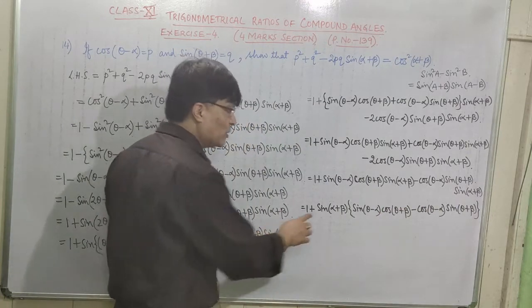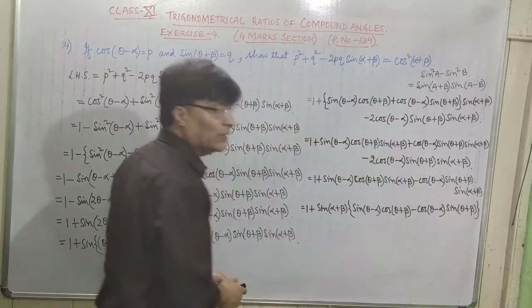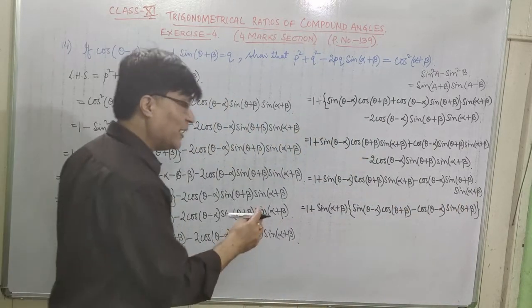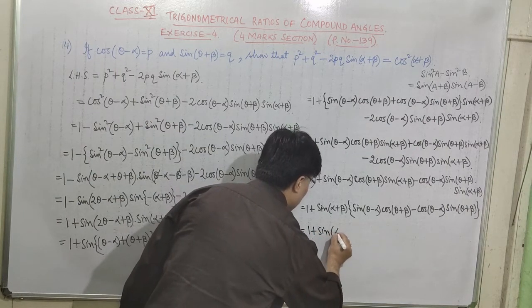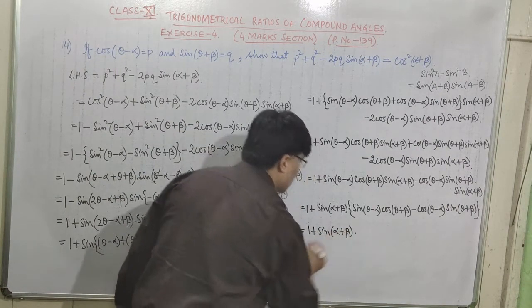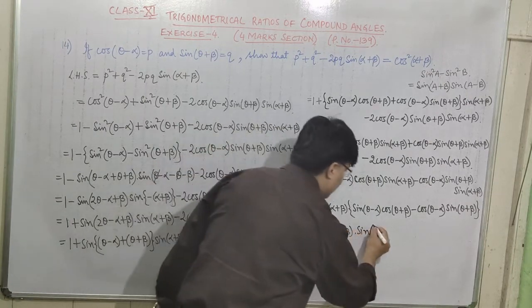So now what is the formula within the second bracket? It is sine A cos B minus cos A sine B. What is the formula? Sine of A minus B. So it is equal to 1 plus sine of alpha plus beta into sine of A minus B. What is A?